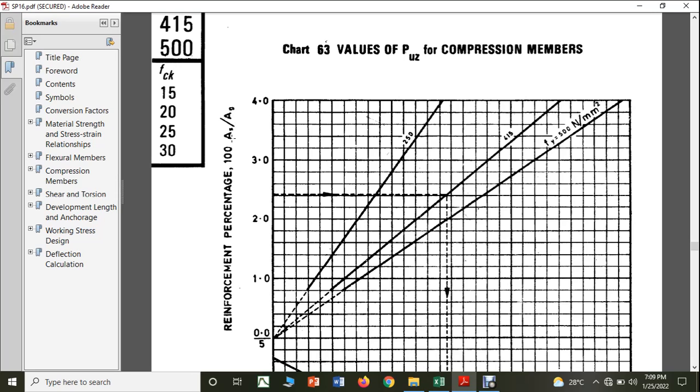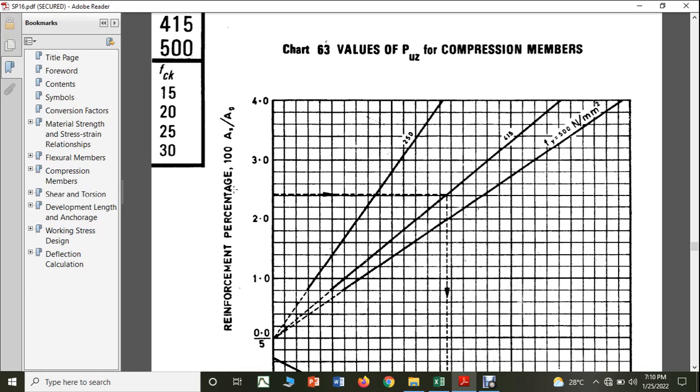So the reinforcement percentage I can take is 1%.